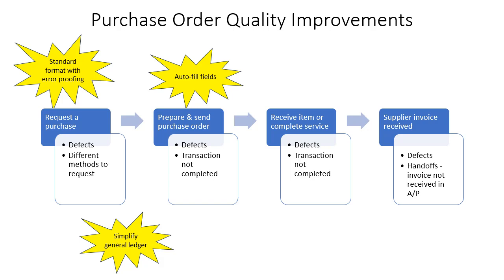Simplifying the general ledger. That doesn't sound like a process improvement, but it can be very confusing for people who are unfamiliar with the chart of accounts to determine which account do I select for a particular purchase.